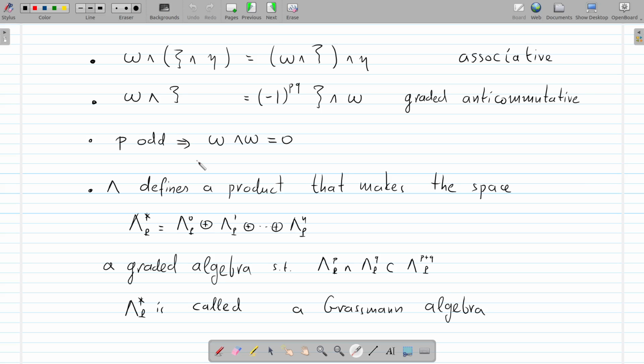So this gives the direct sum of all the spaces from 0 forms to n forms a graded structure, because if we take the wedge product of a p form and a q form, this is a p plus q form. So this direct sum here has a special name. It's called the Grassmann algebra.